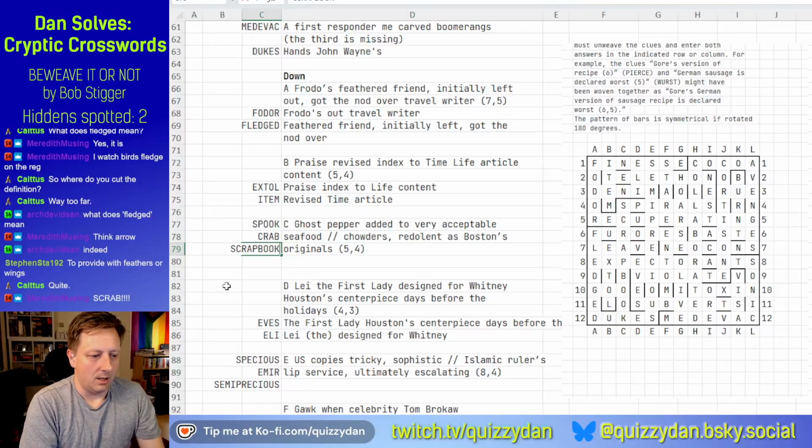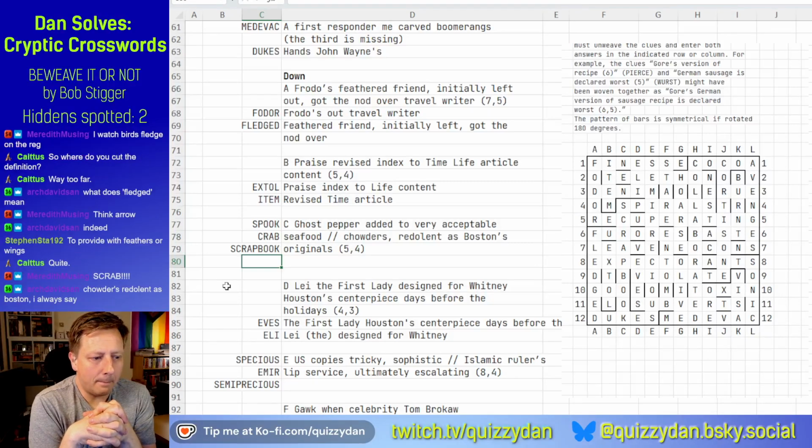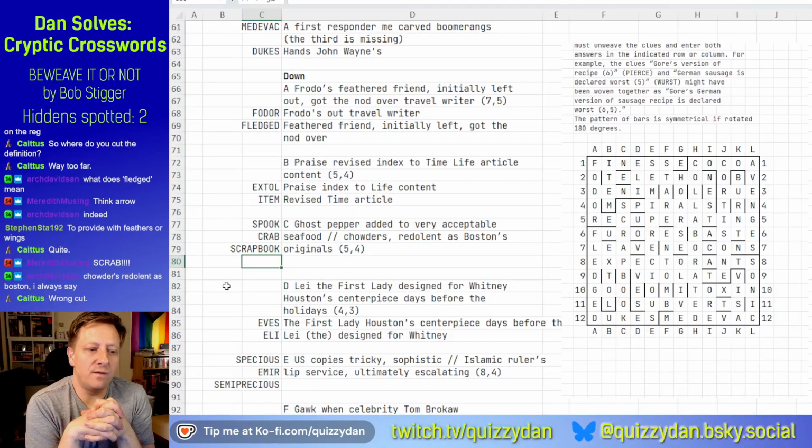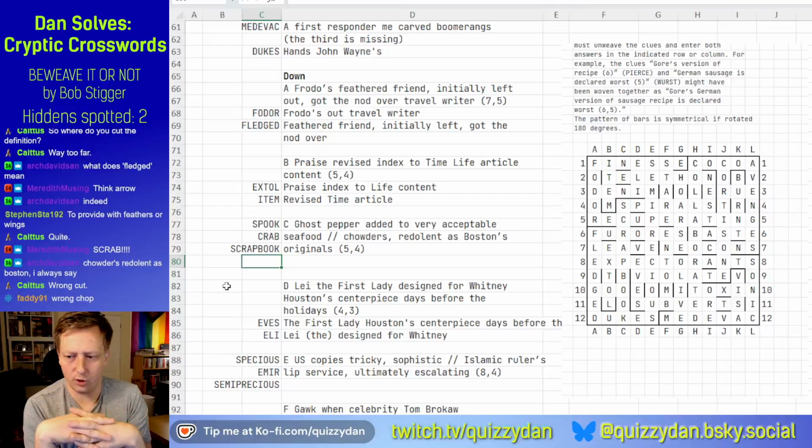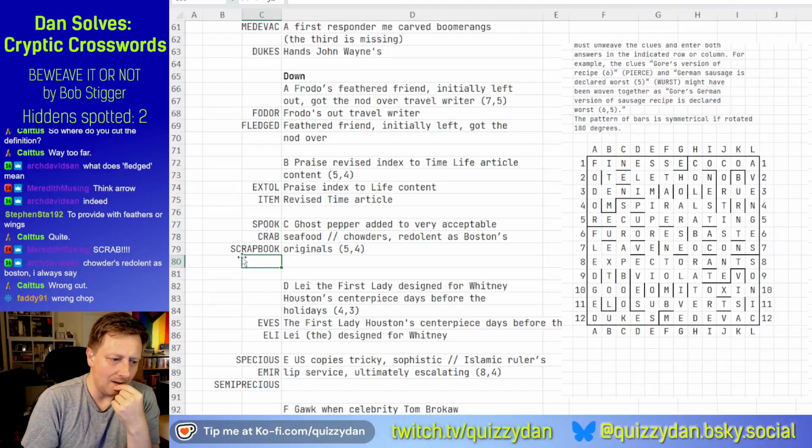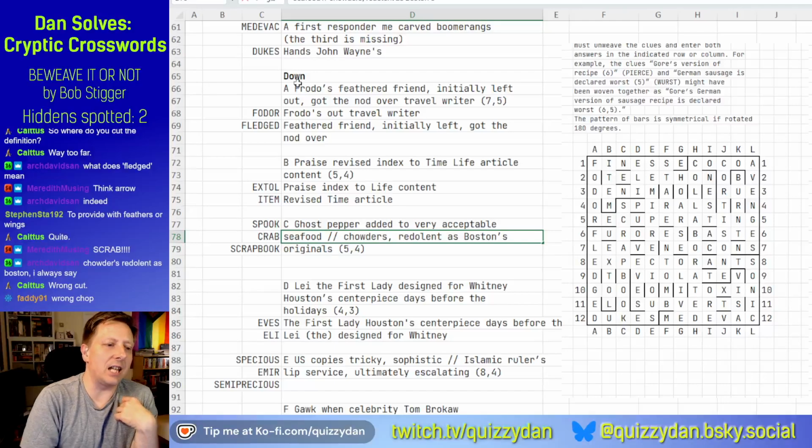So ghost is a spook. Pepper is P added to very, which is so, and acceptable, which is okay. And I don't know where the seafood goes. Really? Oh, that's the definition, isn't it?